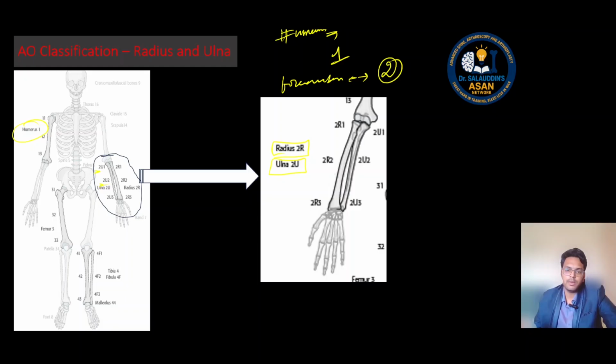Again, for the proximal, middle and distal, you subdivide it into 2R1, 2R2, 2R3, 2U1, 2U2 and 2U3. Proximal, middle and distal. This is the alphanumerical AO classification for radius and ulna. So 2R1 is the radius bone, proximal end.